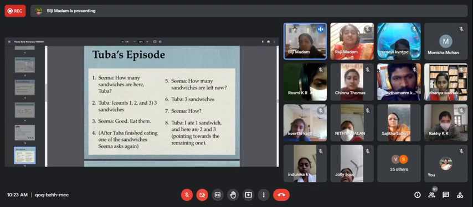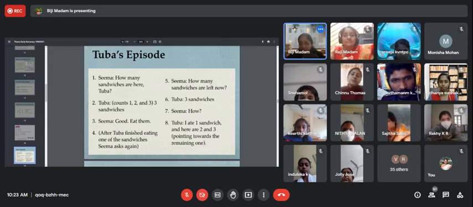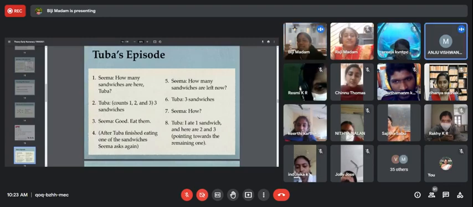Now, what is the confusion here? Anju, can you tell me what is the confusion here? Why is the child saying, after eating one sandwich, that there are 3 now again?